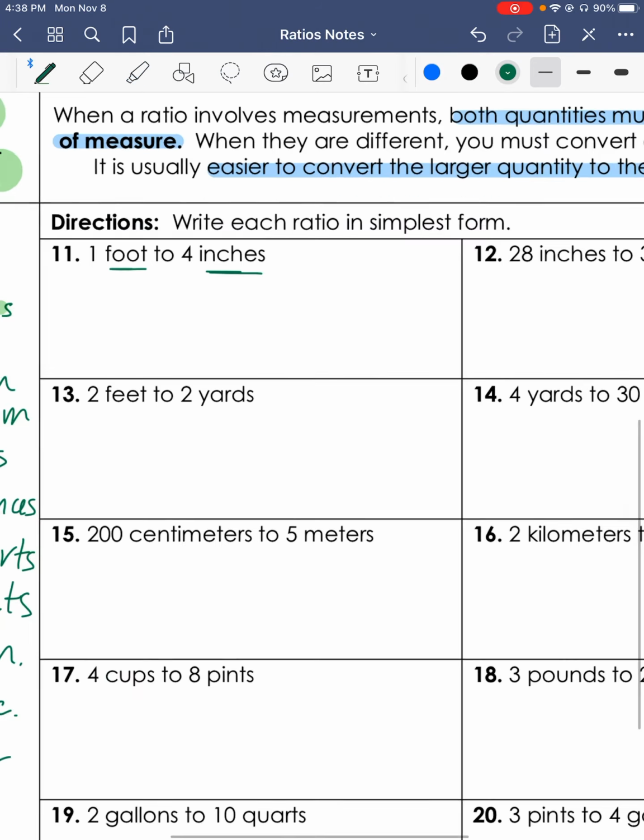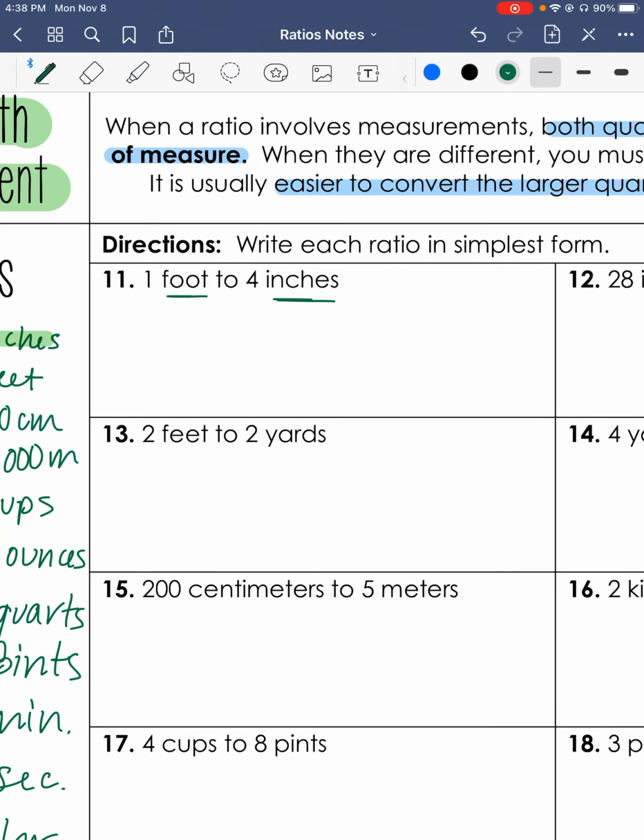Okay, so what they mean by that is when we take a look at feet, 1 foot to inches, it's easier to take the foot and convert it to inches because it's going to be bigger. You won't be working with decimals. If I try to convert inches to feet, it doesn't even make 1 foot yet, so it's going to be in some kind of fraction or decimal, which is just not as easy to work with.